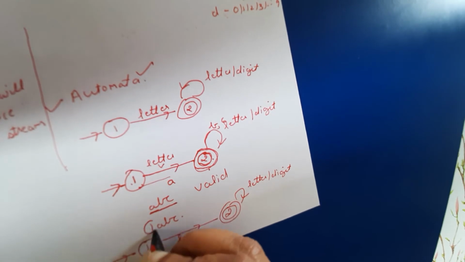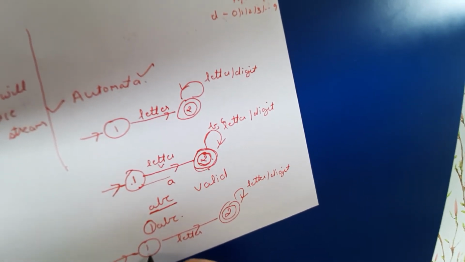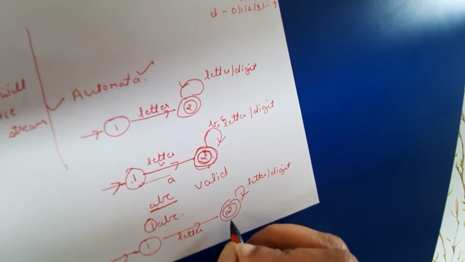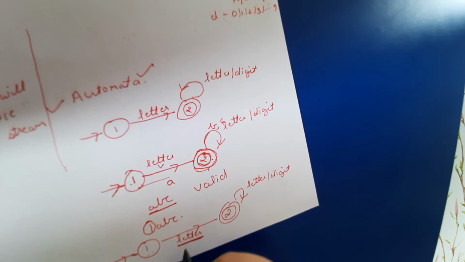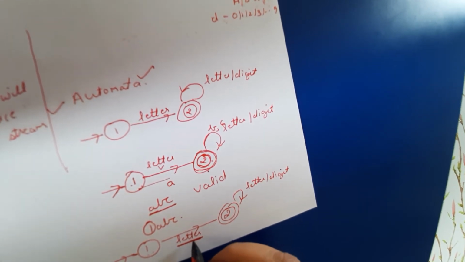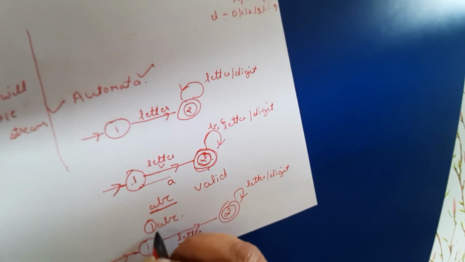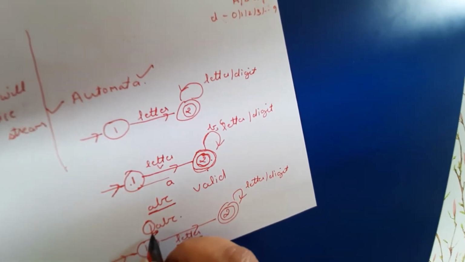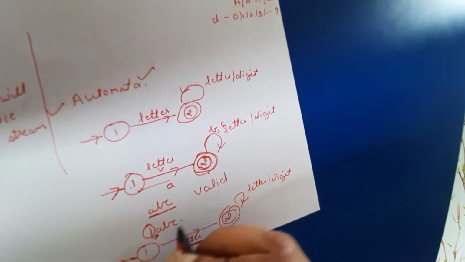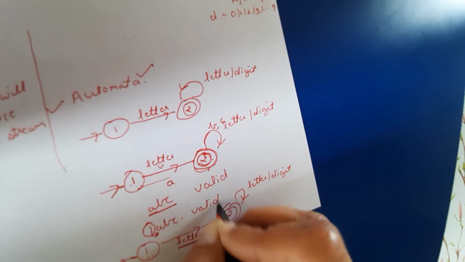Because the first character is 1, and from the initial state there cannot be a transition to state 2, because transition is possible only with a letter, not with a digit. So the next state cannot be achieved, or the whole string is not going to be consumed. So this particular token is not a valid token.